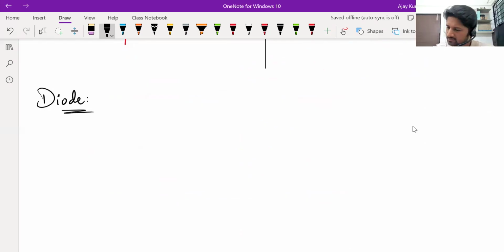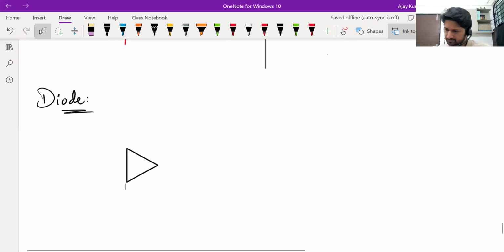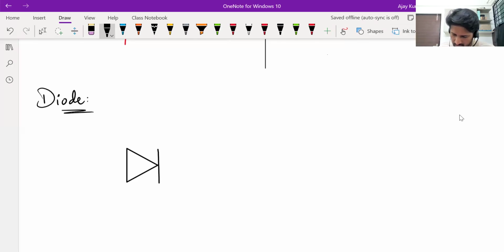And the standard symbol for diode is this. A triangle and a straight line with two terminals. One terminal connected to the triangle, one terminal connected to the straight line.